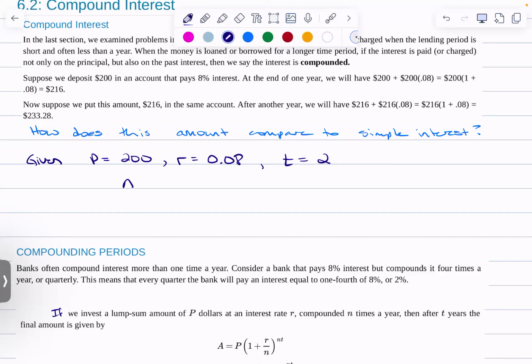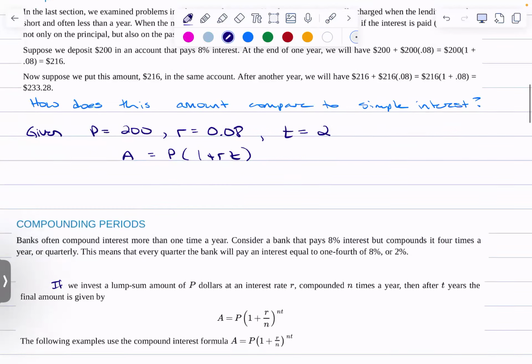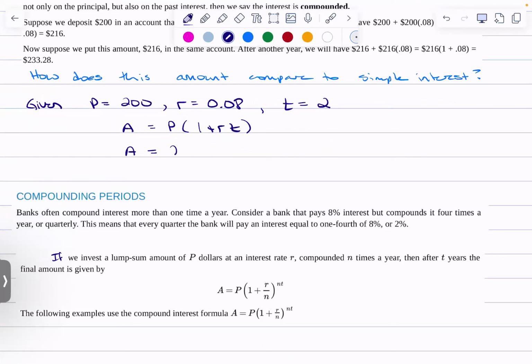And so here, A is going to be P times 1 plus R times T. P was 200 times 1 plus 0.08 times 2. Do you think it's going to be higher or lower? Probably lower, because we're earning interest on $16. It's not going to be a huge difference, I should say, but there should be some difference. 0.08 times 2 plus 1 times 200.